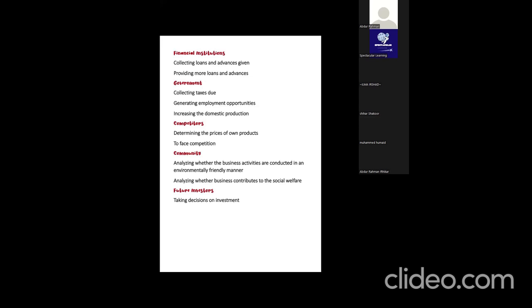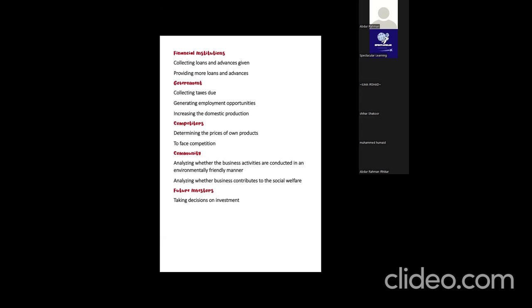Okay. Then financial institutions. Who are these financial institutions? They are the banks. They give us financial help, like we can obtain bank loans from them.